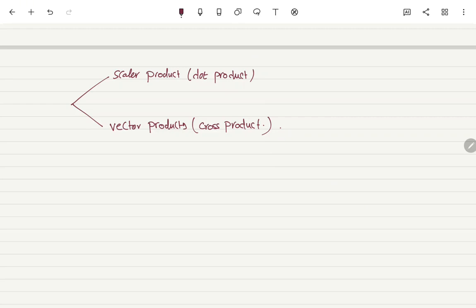Let's start with the scalar product, or dot product.